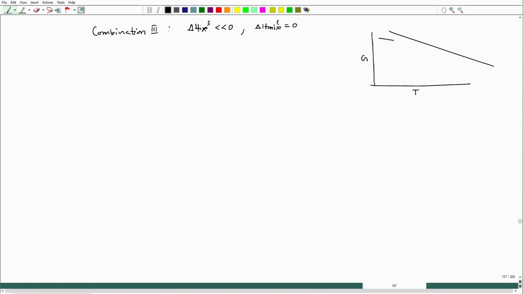So, this is T m B, G B naught solid, G B naught liquid, and this is G A naught solid, this is G A naught liquid.